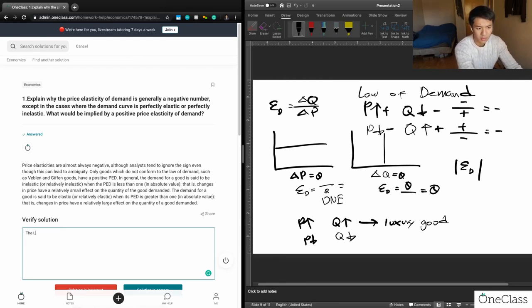So we say the law of demand tells us that as a good's price increases, the quantity demanded decreases, and vice versa.